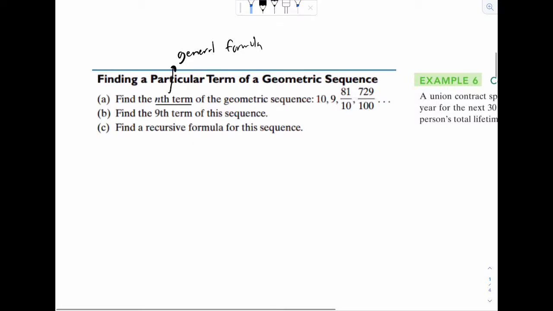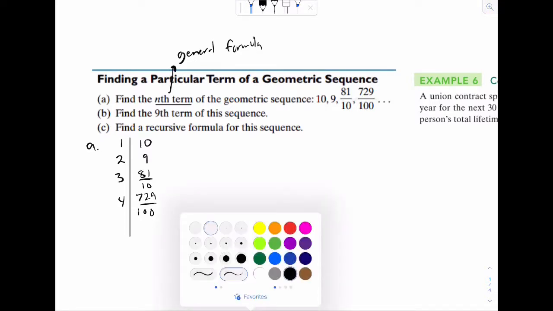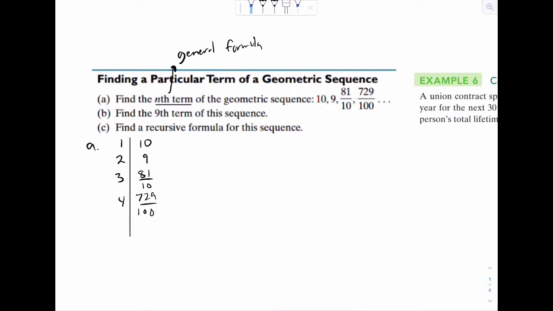So I'm gonna reorganize our information here. The first term is 10. The second term is 9. The third term is 81 over 10. And the fourth term is 729 over 100. So hopefully we can recognize that every single time we're multiplying it by 9 over 10.